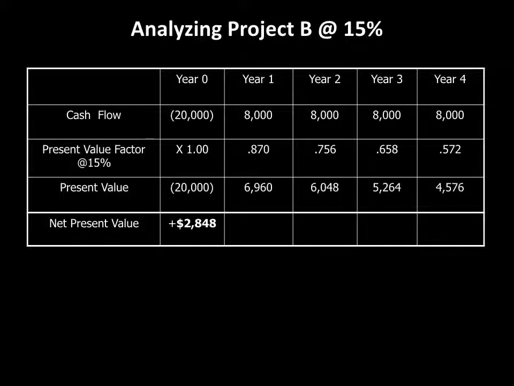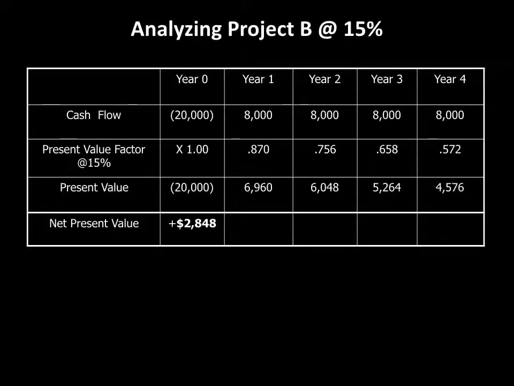And what that's doing is it's taking the $8,000 that we assume we receive at the end of year 1, and we're discounting it back using that factor by multiplying one times the other to say, here's what that $8,000 is worth today if we use 15% to discount it. And you can see in this example, the table calculates the present value of year 1's $8,000 as $6,960.